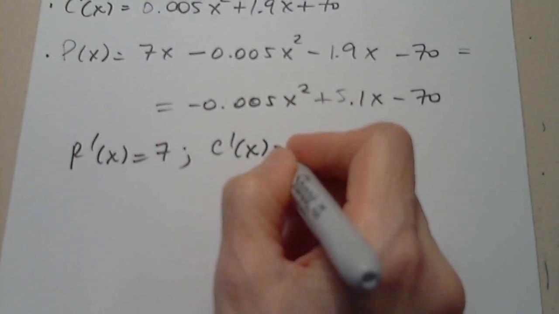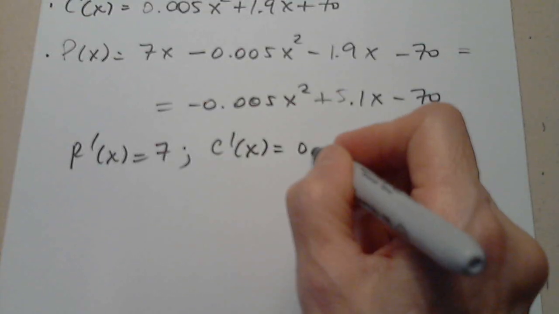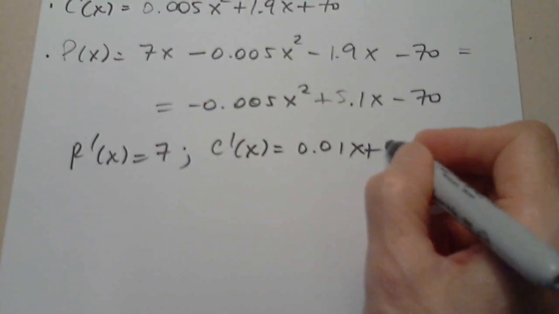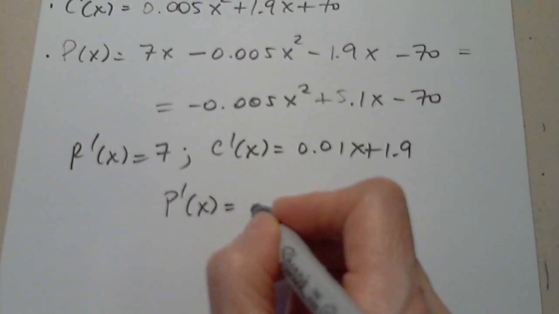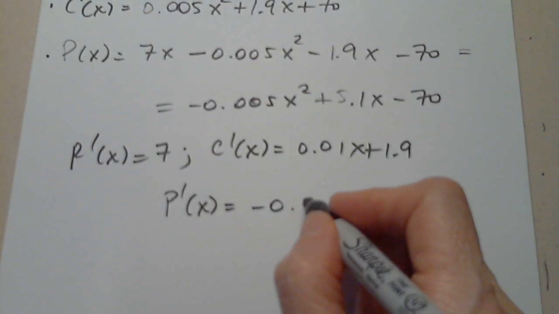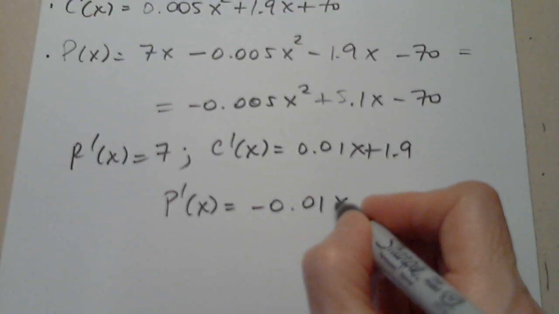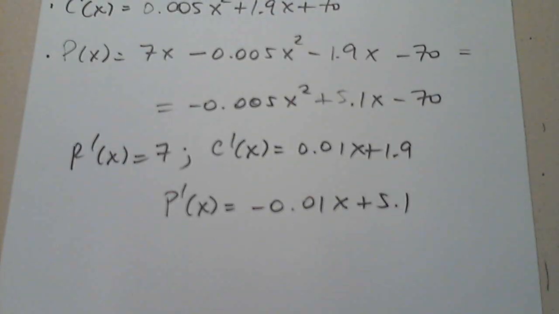C prime of x is 0.01x plus 1.9. And of course, P prime of x is negative 0.01x plus 5.1. So I will enter all 6 functions in the graphing calculator because I need to plug in 150. And I will have everything in a blink.